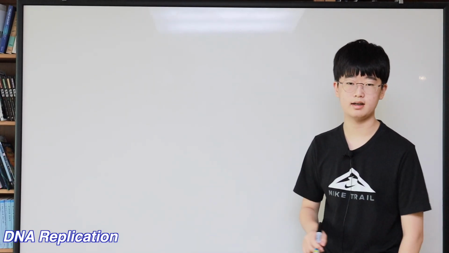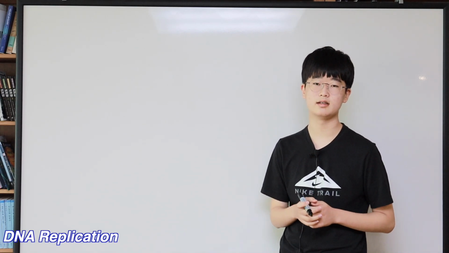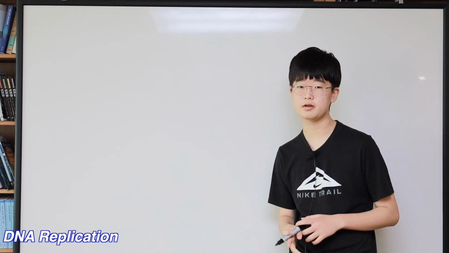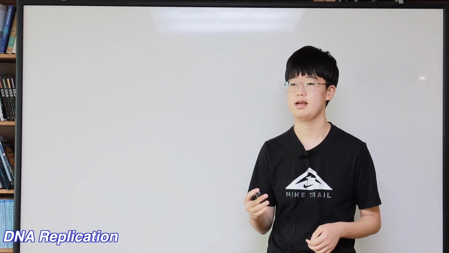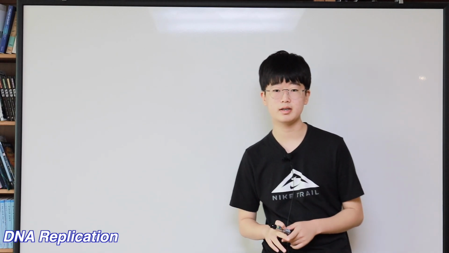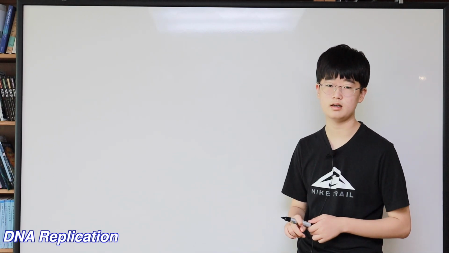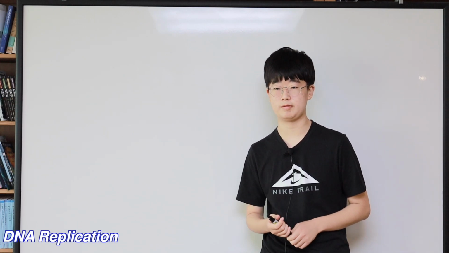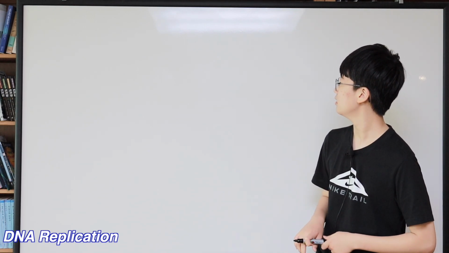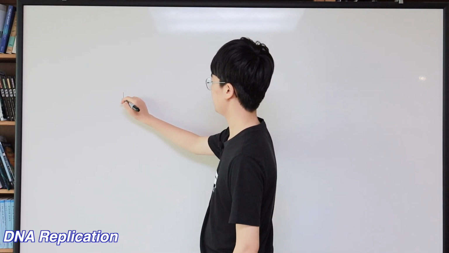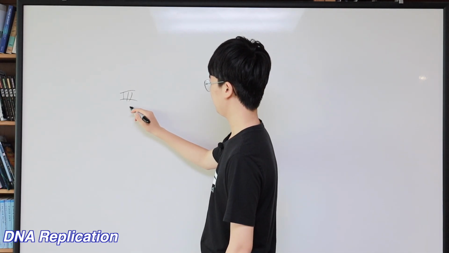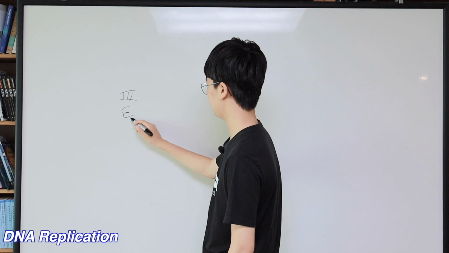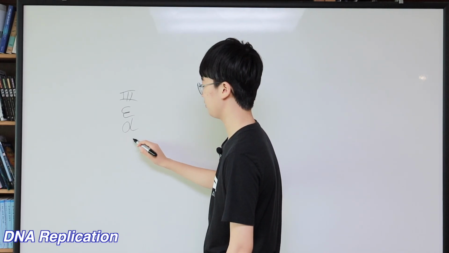Oh, and as I said earlier on, when I was explaining about DNA polymerases, I said that a lot of polymerases are out there, and I talked about polymerase 3, polymerase epsilon, polymerase alpha, and delta.